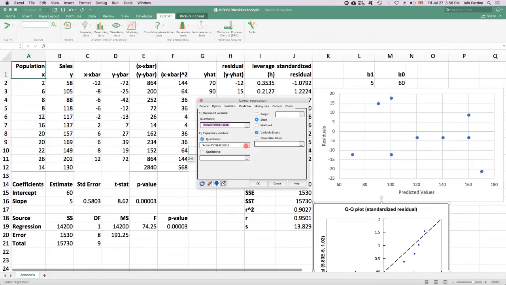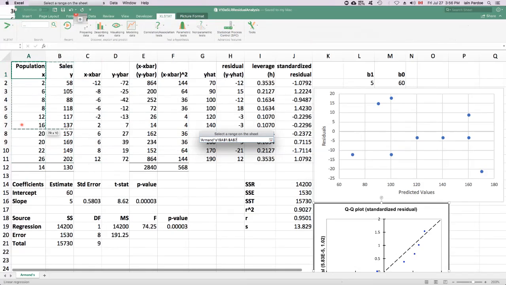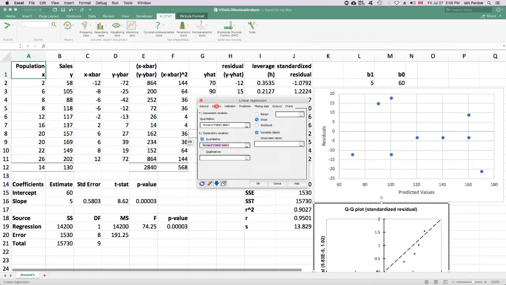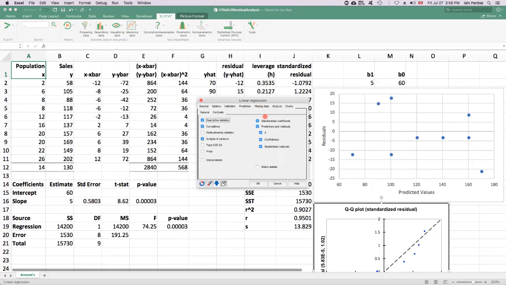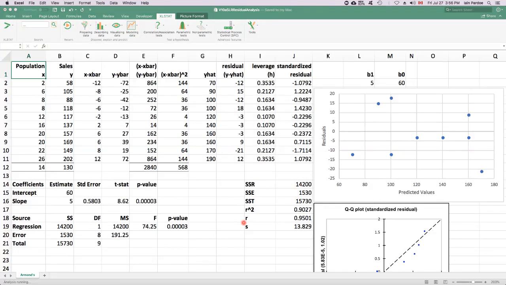And my quantitative predictor is population. And let me just check everything is set up correctly. Don't want to do prediction at the moment. Don't have any missing data, outputs. You can leave that as it is, and charts, we'll just leave that as it is as well. Okay.